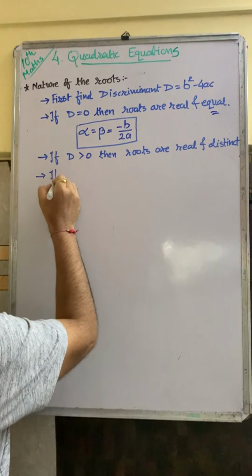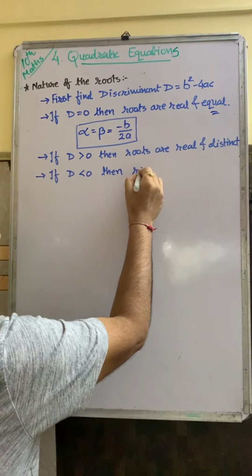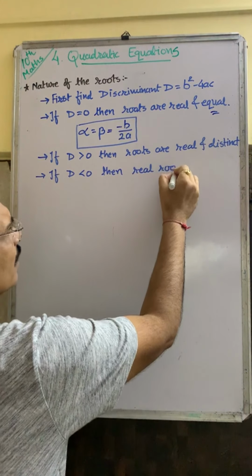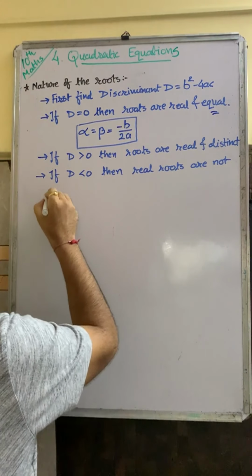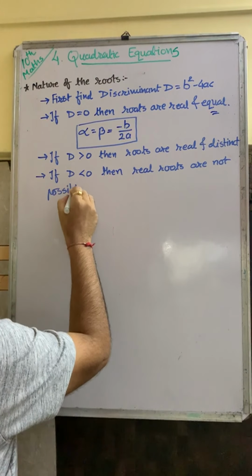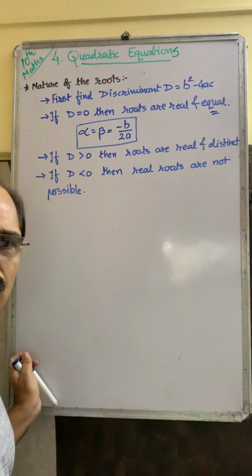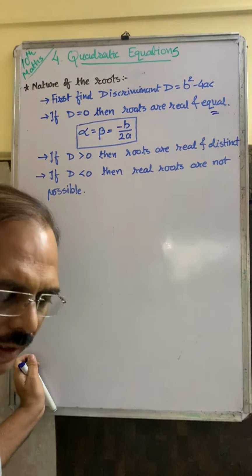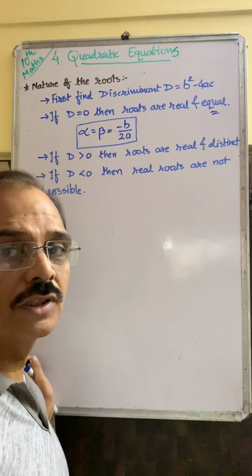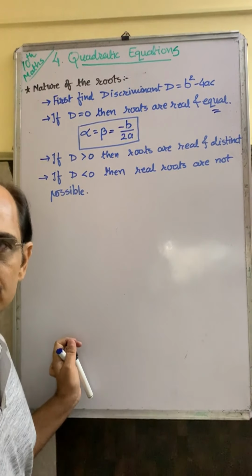And if D is less than 0, then real roots are not possible. Less than 0 means negative. If answer of discriminant is negative, then no need to find out roots, because real roots are not possible. So you have to leave the sum at that time.